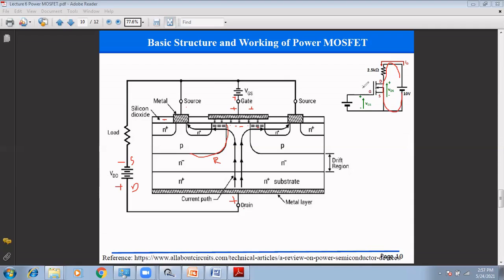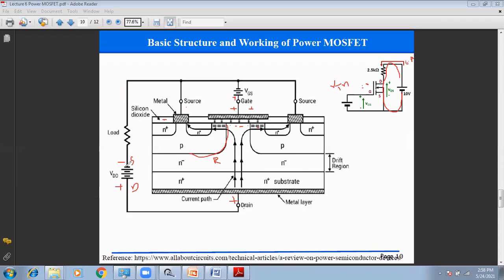When the VGS voltage is equal to 0, ID also becomes 0. And when the VGS voltage is above the threshold voltage, the current starts flowing. So we assume this voltage is above the threshold voltage, and because of this VGS voltage, there is creation of the inversion layer.